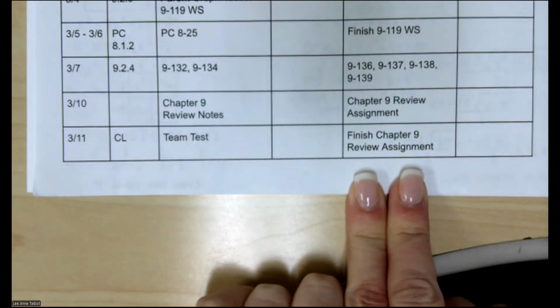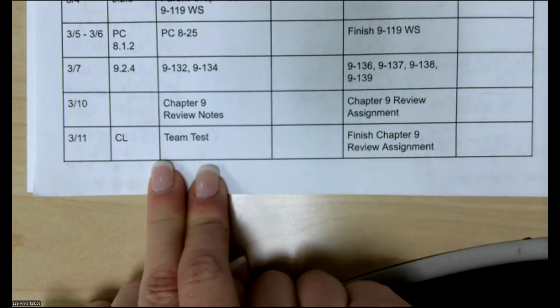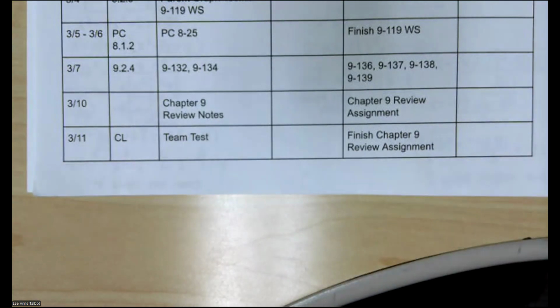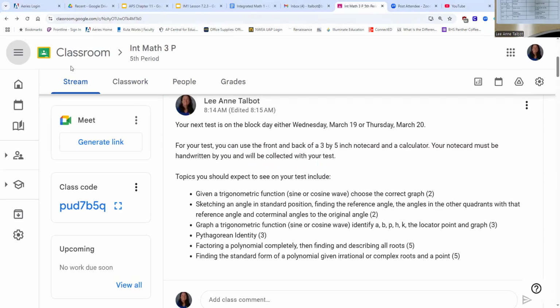It's due on the block day. Tomorrow in class, we're going to be doing the team test. Now the next thing I want to talk about real quick before we're done. Your next test is on the block day, either the 19th or 20th. It's not this week, it's next week block day.